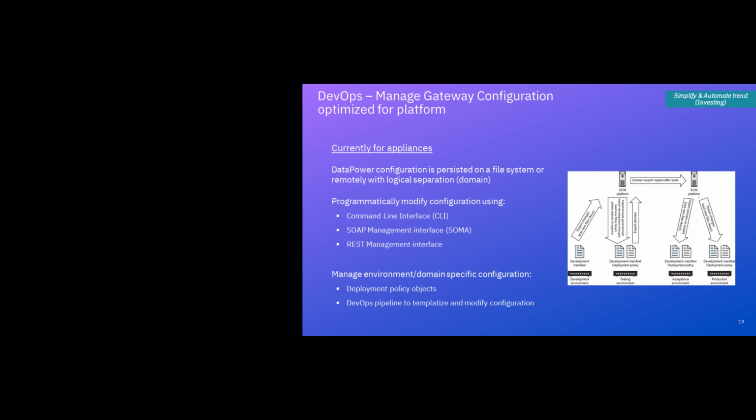Basically you export and import from development to testing, exporting a whole configuration onto a source code management system and importing it. You might use a deployment policy to update specific objects to meet the requirements of the different areas you're working with. So it's a good DevOps pipeline, but a very specific one for DataPower. Some will also use our DataPower Operations Dashboard, which does a great job of keeping DataPower configurations and firmwares in sync. So that's how we do it today on the hardware side or on the VMware side.